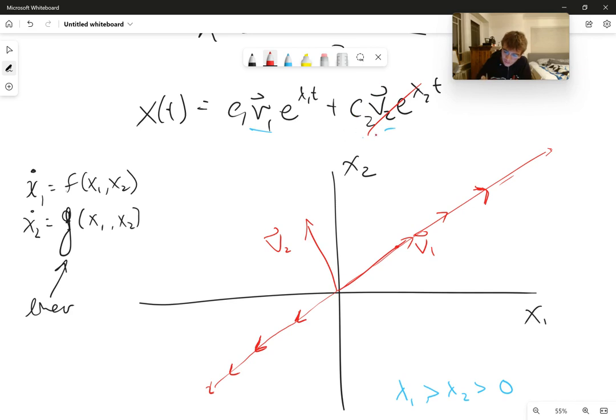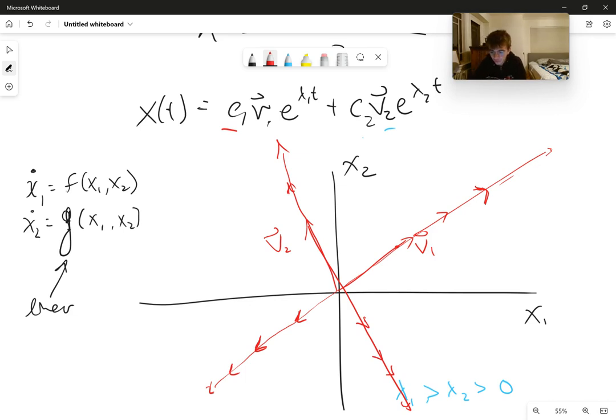So now, if I just have initial data that starts on v2, anywhere on the span of v2, in fact, then c1 is going to be identically 0, and so the solutions will exponentially grow along the span of v2 with respect to time. Okay, and notice that they're exponentially growing in magnitude.